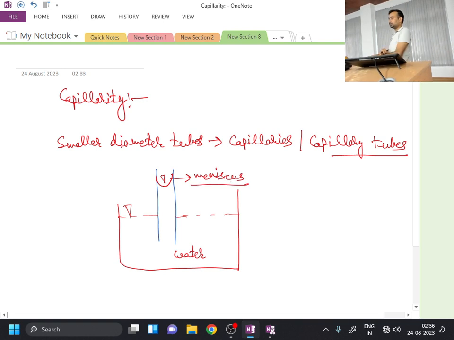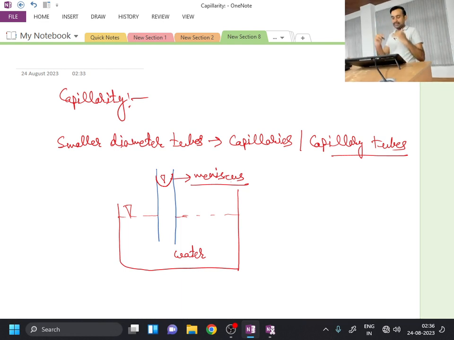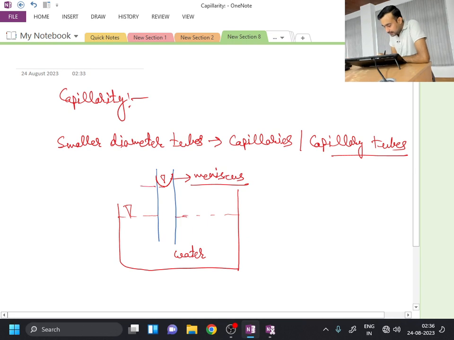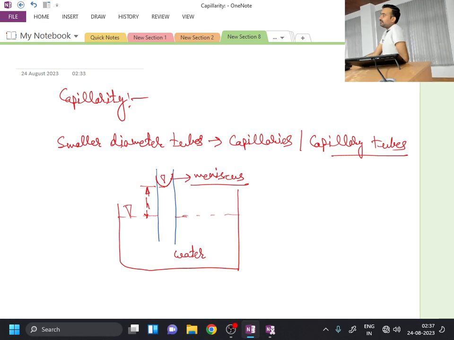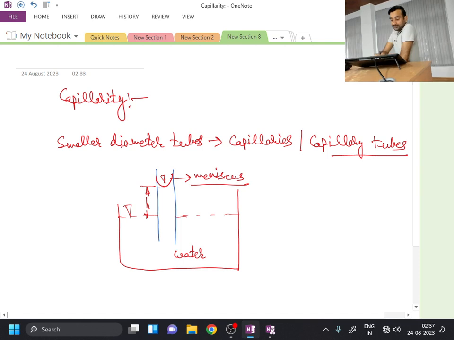Okay, so once we insert this smaller diameter tube into the water, within this tube we find that there is a rise in water. So say water has shown some rise through height h. Okay, and after that we will observe that the free surface of the water inside the tube will not be exactly flat, rather it will be curved.